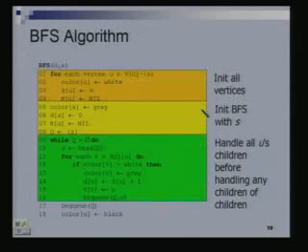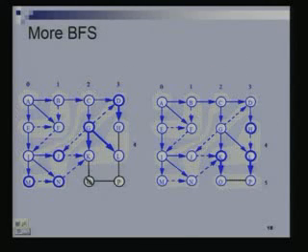Let me illustrate this. Let's look at this picture here. If I ignore the dotted edges and just keep the solid edges, this is the subgraph that I am talking about.